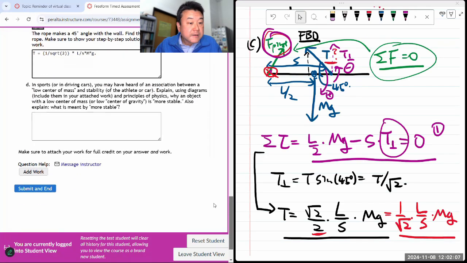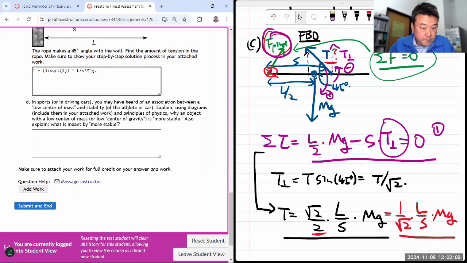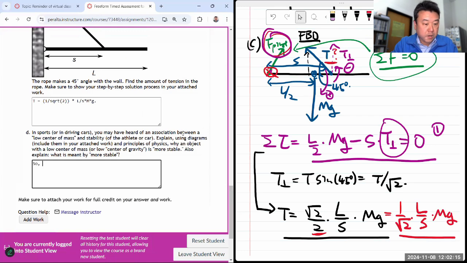Okay, 2 minutes. In sports, you may have heard of this, using diagrams. So we can use B as an example.